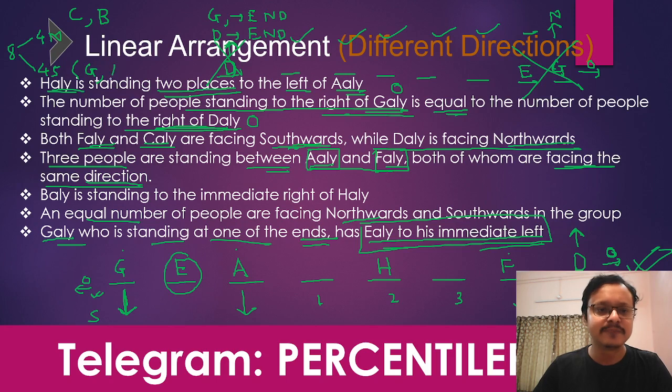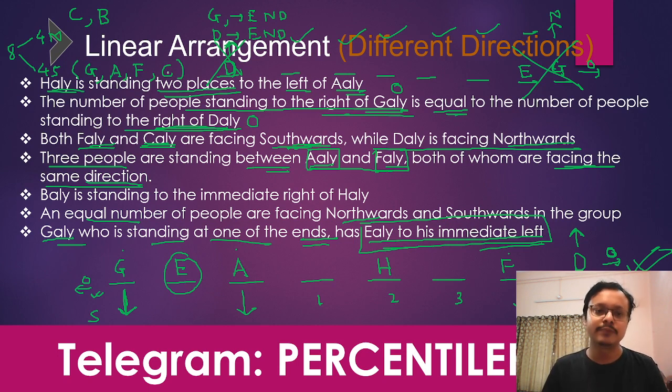These are 3 people facing south. Who is the 4th person? As mentioned in the direct clue in the set, both Fally and Cali are facing south, which means Cali is also facing south. So the 4 people facing south are Gali, Ali, Fally and Cali.